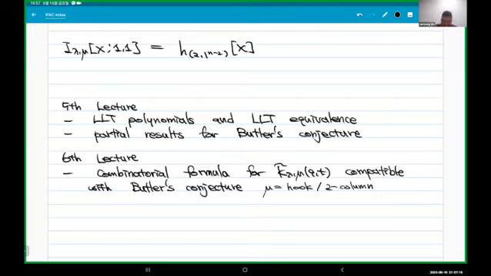And I will discuss some progress that Alexander Vetter is making, and that's all for next week, and thank you for listening.